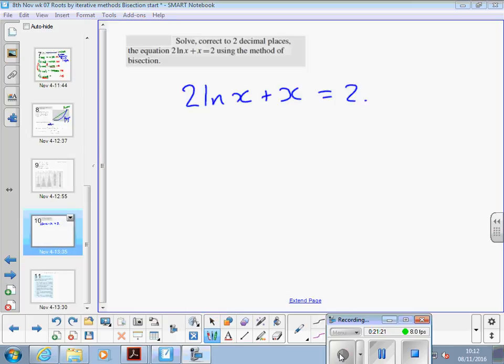Yep, equate the equation to 0. So we're going to say that f of x is 2 ln x plus x minus 2 equals 0. What are we going to start with using the functional notation?